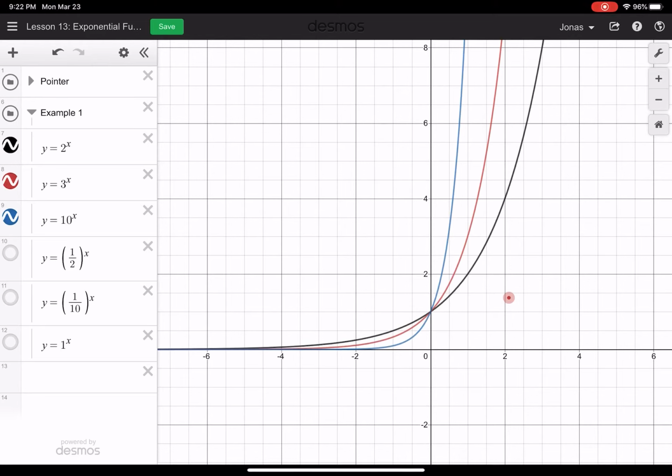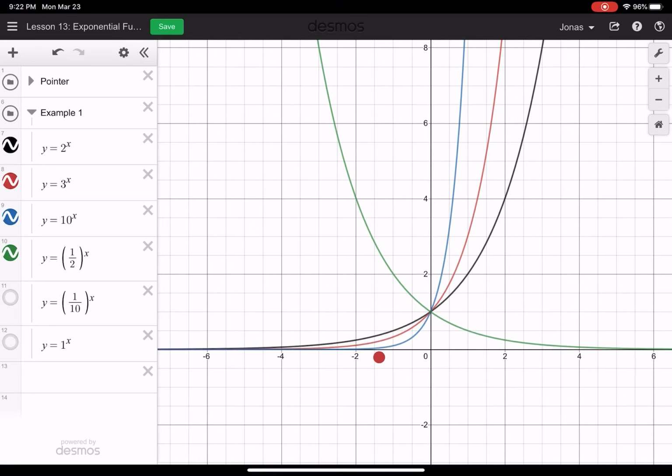So 1/2 to the x, this is what the graph looks like. This one is in green, and you'll notice that it's kind of similar to 2 to the x, but it's almost like a mirror image. It goes up on the left-hand side and down on the right-hand side. And that's because 1/2, when you raise it to a high positive power, becomes a very small positive number. So you see that behavior of approaching 0 on the right now.